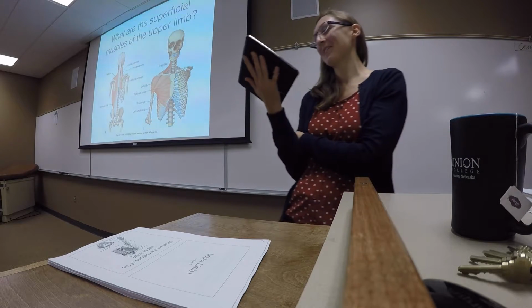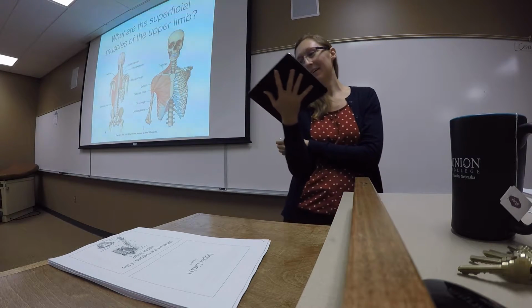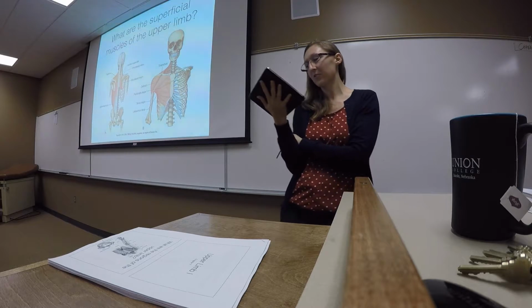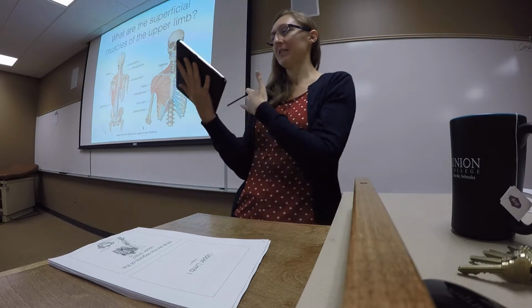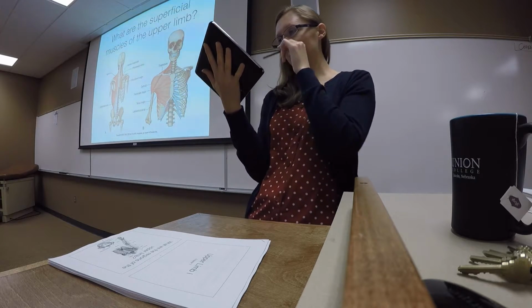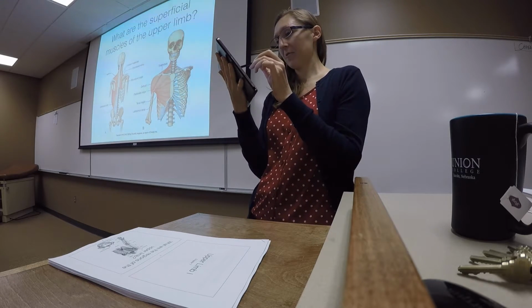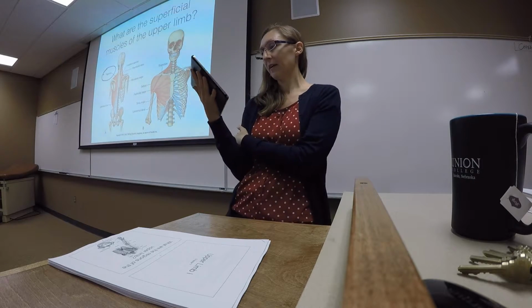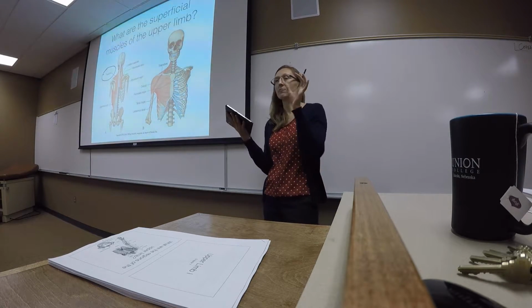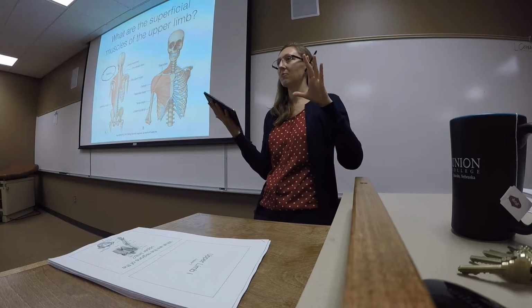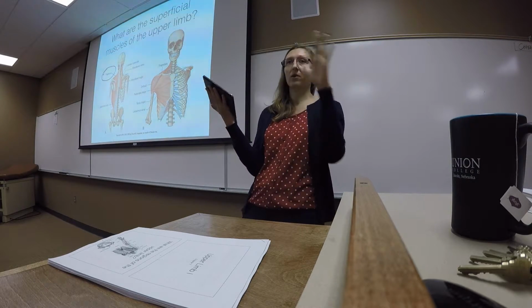So superficial muscles of the upper limb. Though these muscles are located on the thorax and the back, their action is to move the upper limb, so that's why we have to talk about them again. Remember, we have the trapezius, and note that the trapezius can contract in several different regions, so it's not the type of muscle where every part of it has to contract.